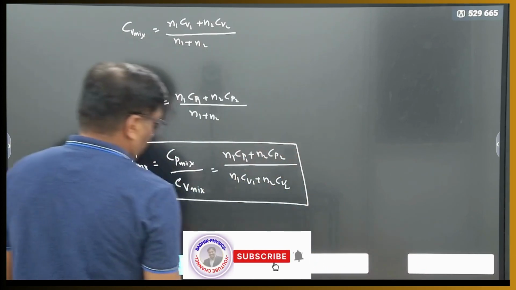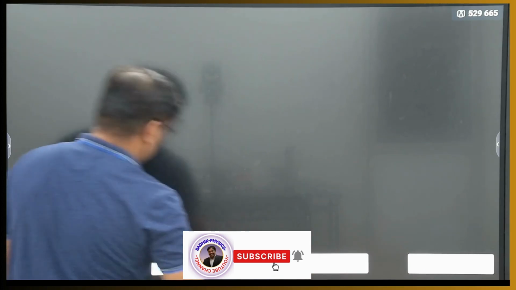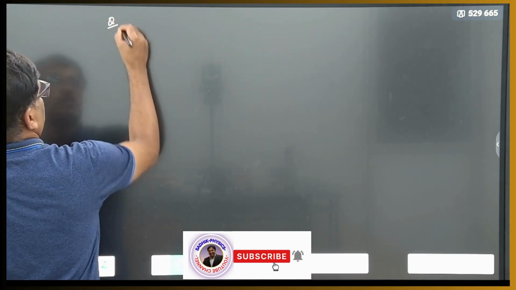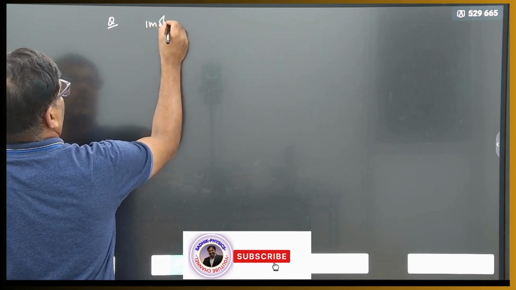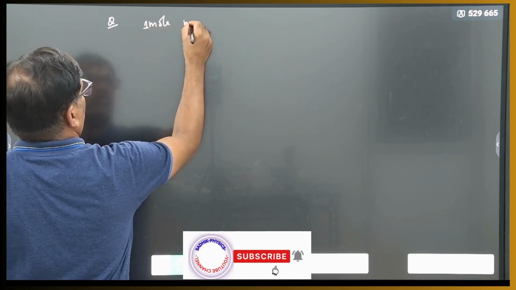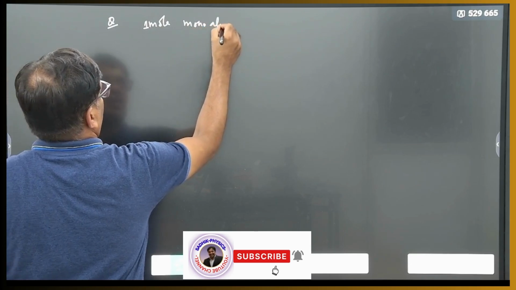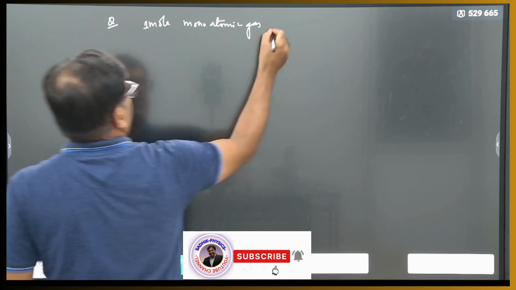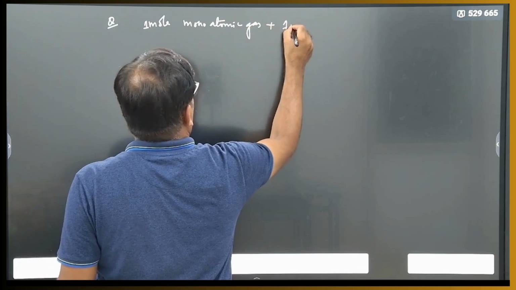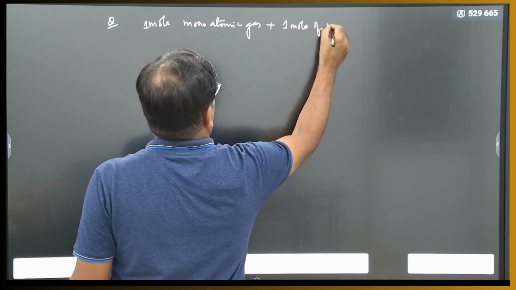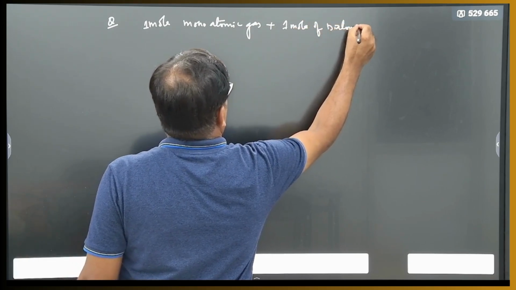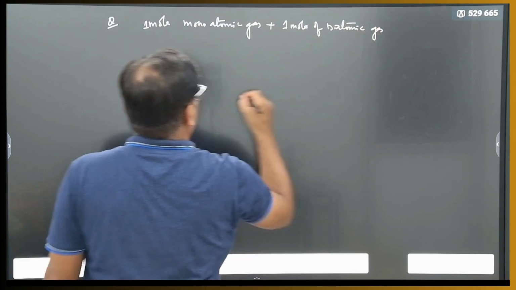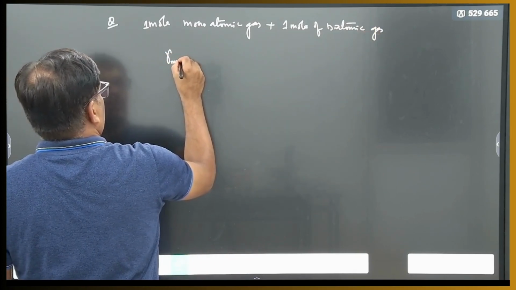Suppose here 1 mole of monoatomic gas is mixed with 1 mole of diatomic gas, right? We want to calculate what will be the gamma of the mixture.